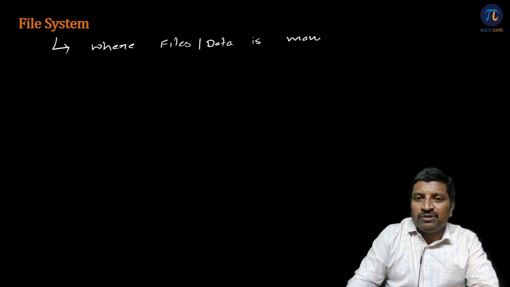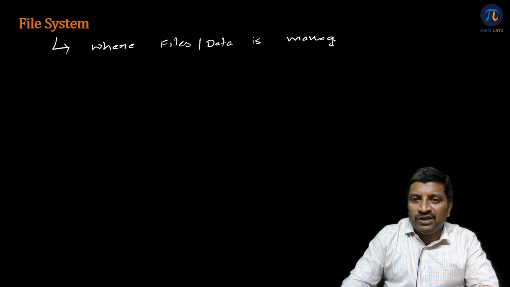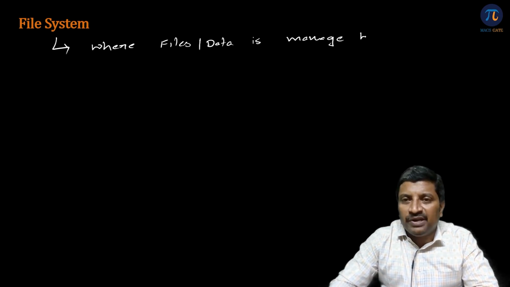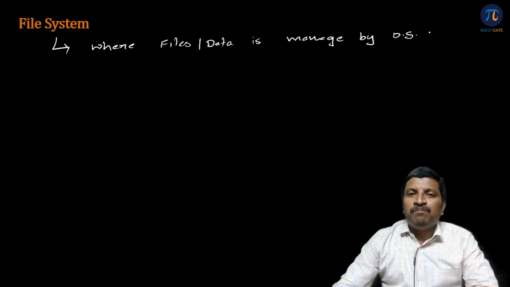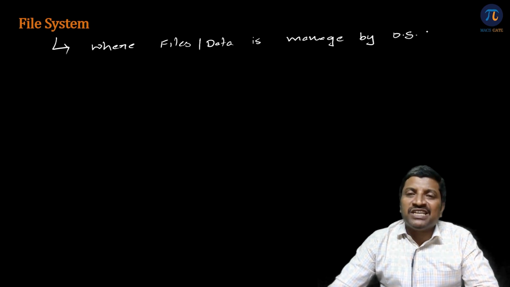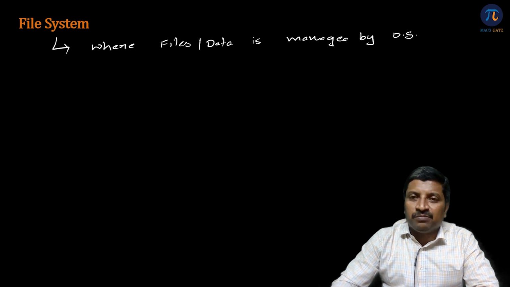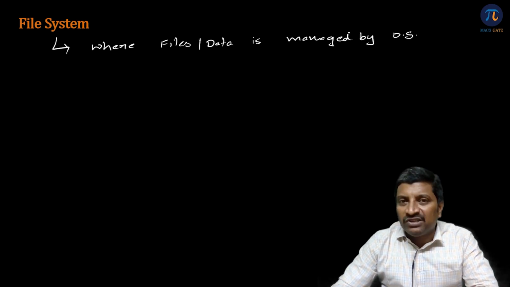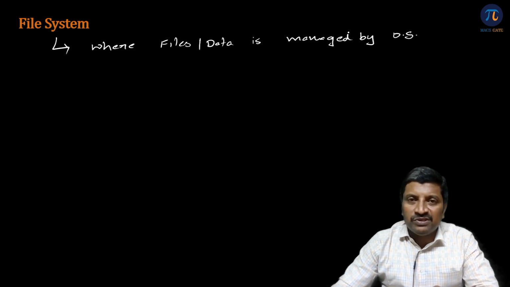So in file system, who will manage the files? It will be managed by the operating system. Then when the files can be managed by the operating system, why we need to go to another software, DBMS? Because there are some limitations when we use file system, or there are some problems which can be raised when we operate the files by using file system.